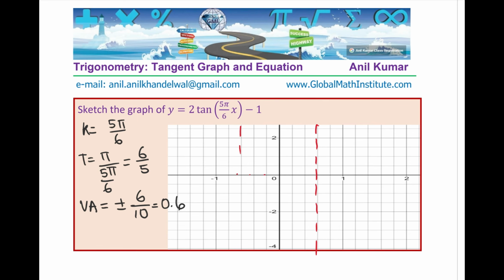Each division is 0.2, and therefore 3 divisions away will give me 0.6 minus and 0.6 plus on the right hand side. Then we are going to look into the axis. Axis of symmetry has moved 1 unit down.